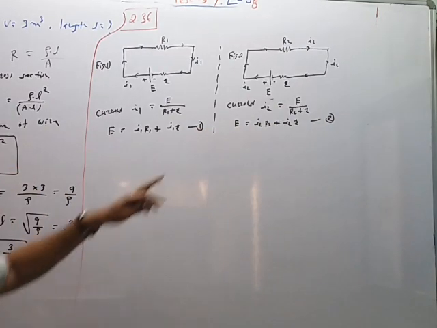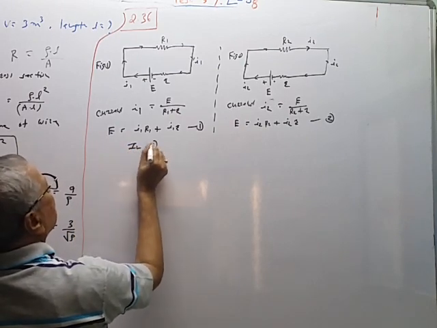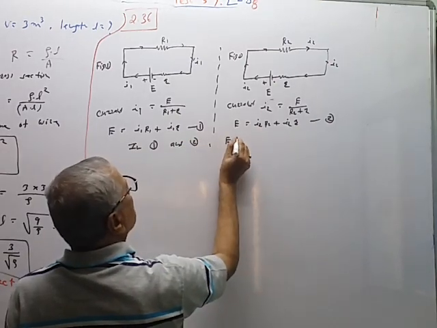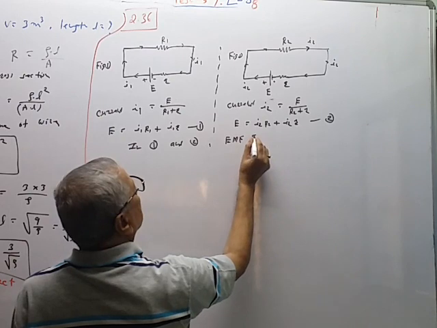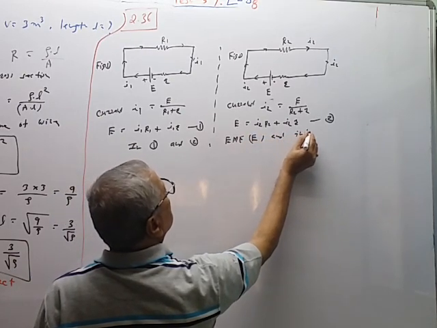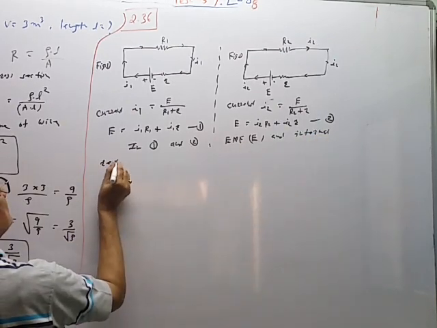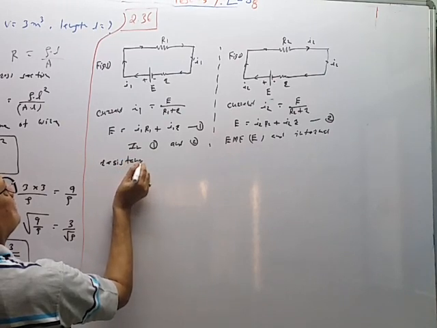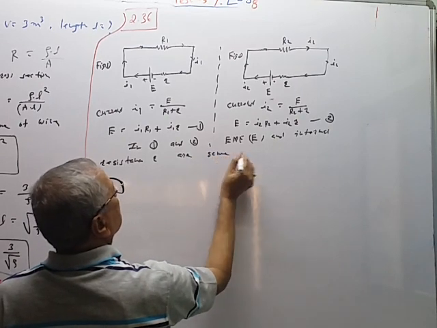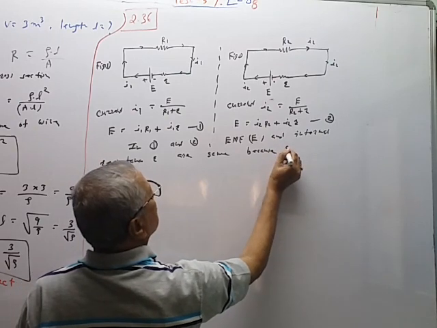So, in equation 1 and 2, EMF E and internal resistance small r are same, because same cell is used.